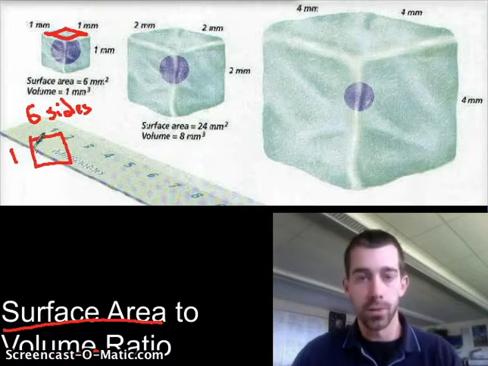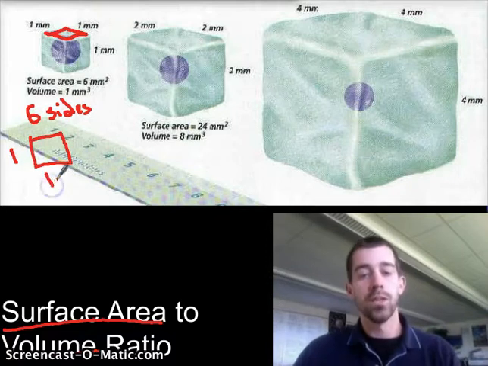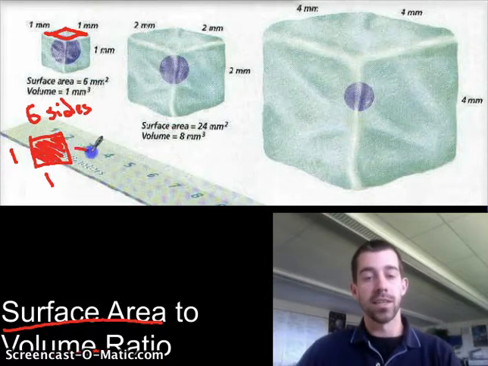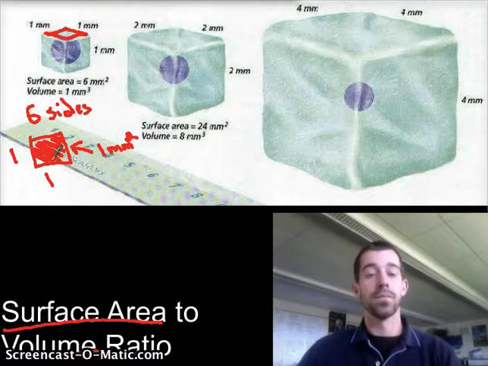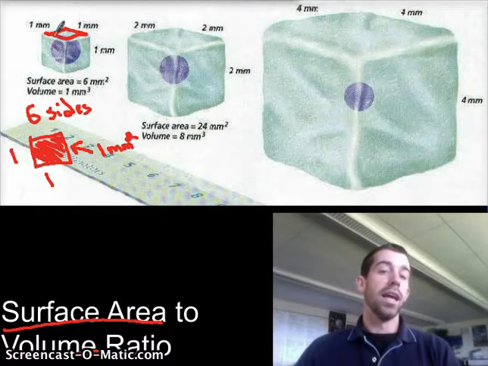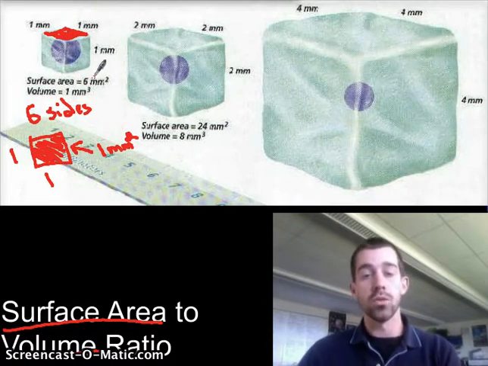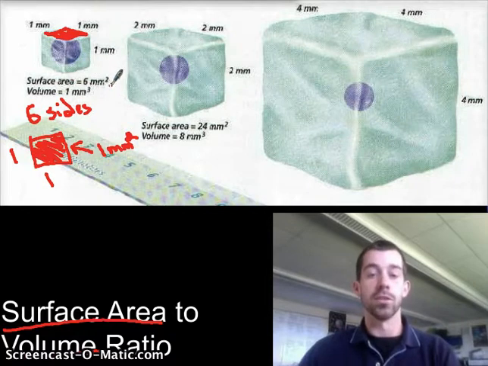Of course, no cell would ever be that big, but it's 1 millimeter by 1 millimeter. And so in order to calculate the area of that, you multiply 1 times 1, and you find out that that's a 1 millimeter square side. Now, each side is going to have an area of 1 square millimeter. So the total surface area of this cube is 6 square millimeters.